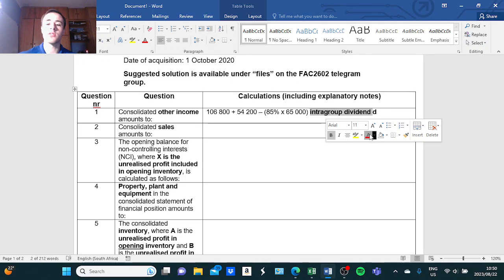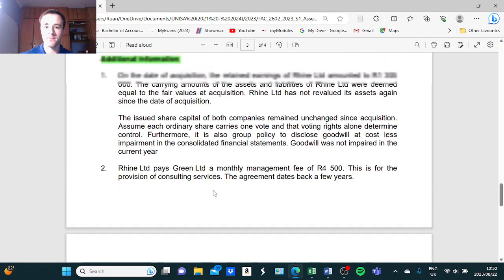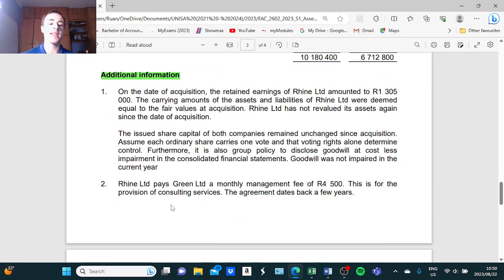And then we just need to look at additional information point 2, which says that Ryan Limited pays Green Limited a monthly management fee of 4,500 Rand. This is for the provision of consulting services, and the agreement dates back a few years.